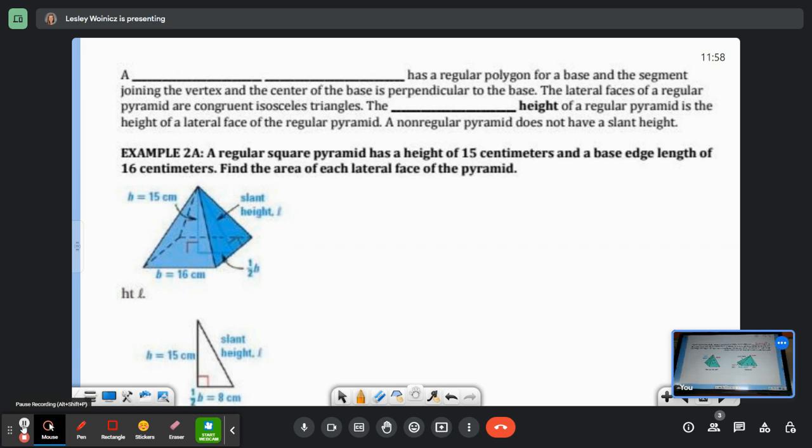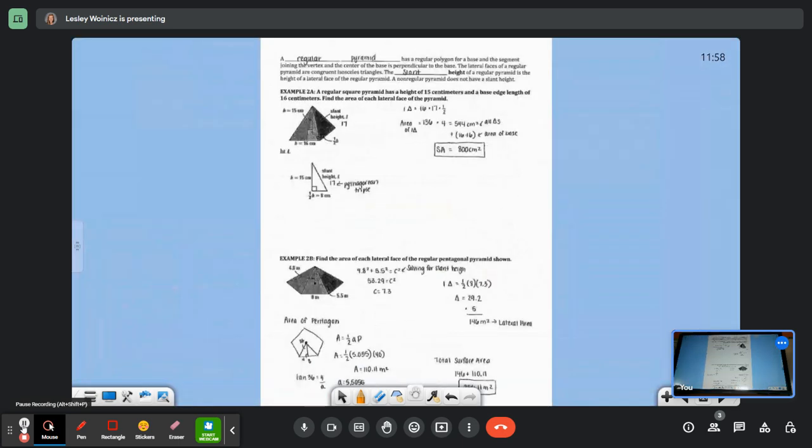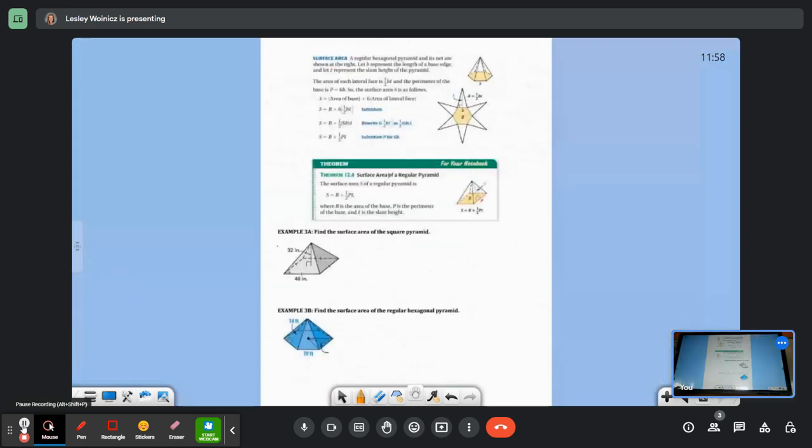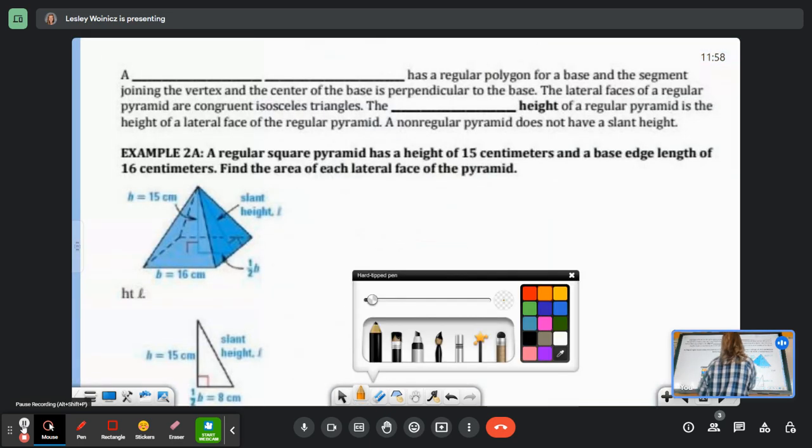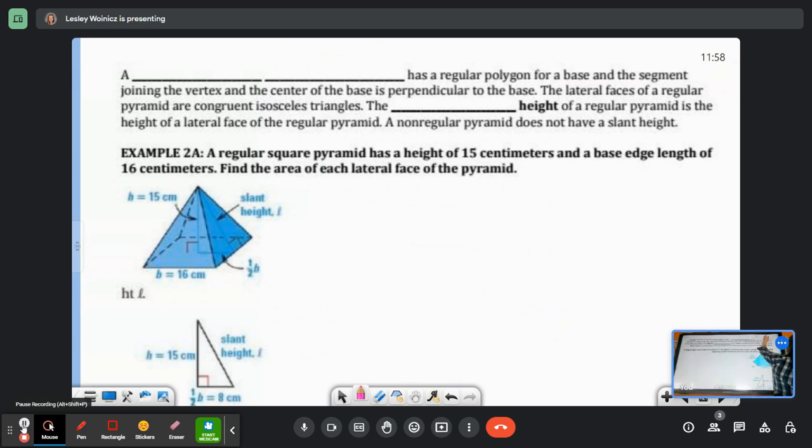We're going to go figure out what this blank is. Oh, regular pyramid. Didn't we just do that? That's fine. A regular pyramid has a regular polygon for a base, and the segment joining the vertex and the center of the base is perpendicular to the base. The lateral faces of a regular pyramid are congruent isosceles triangles.